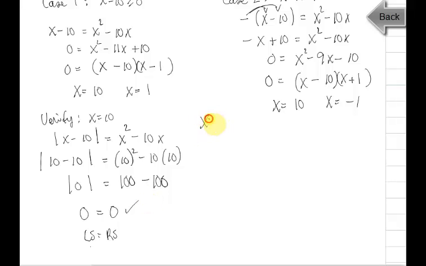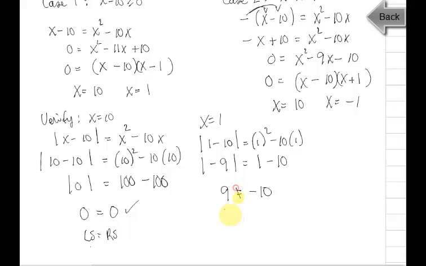Okay, next we will do x equals 1 into the original equation, so we will get the absolute value of 1 minus 10 equals 1 squared minus 10 times 1. And so we get the absolute value of negative 9 equals 1 minus 10. Absolute value of negative 9 is 9, and that does not equal negative 10, so left side does not equal right side, so x equals 1 is not a possible answer.